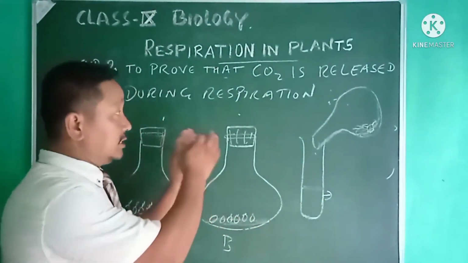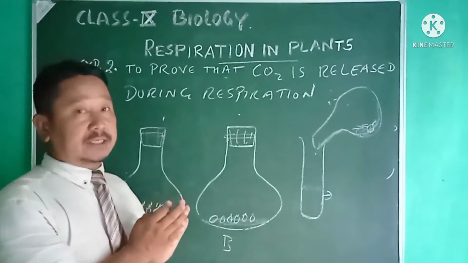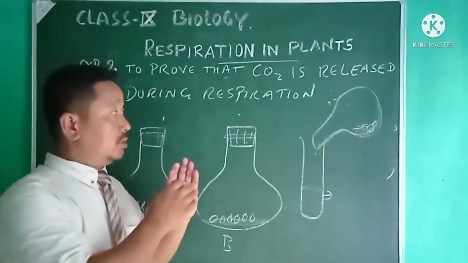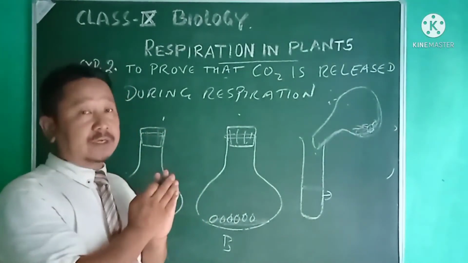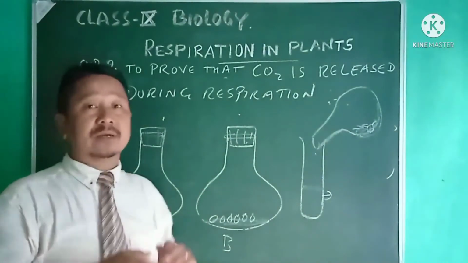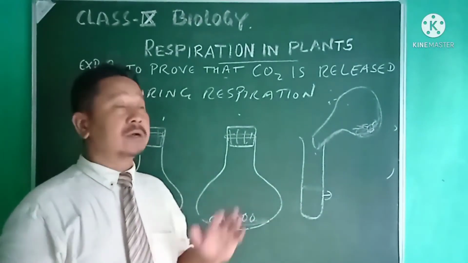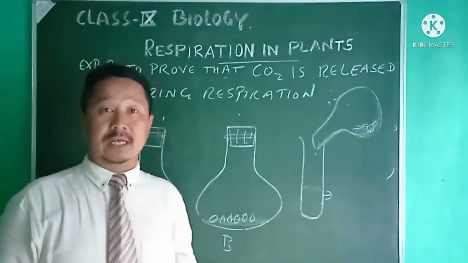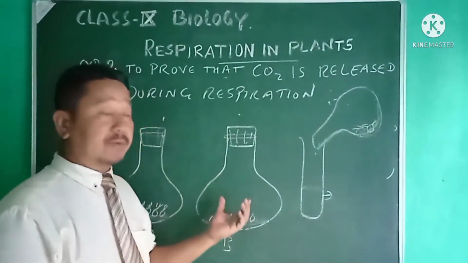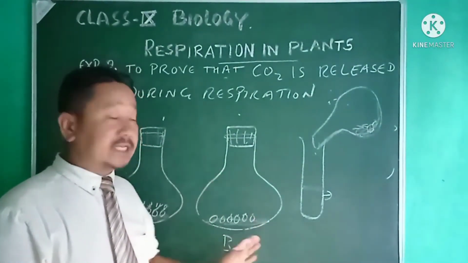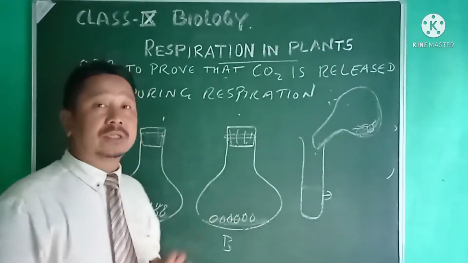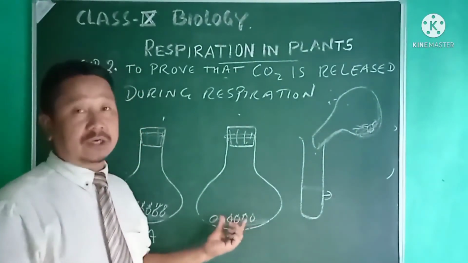Then the aim of the experiment, to see the release of carbon dioxide during respiration, will be futile. So in order to avoid that, we have again used the antiseptic to treat the dead seeds here.